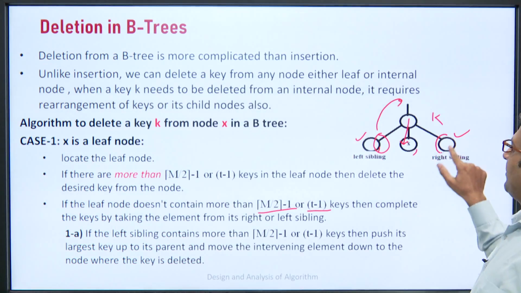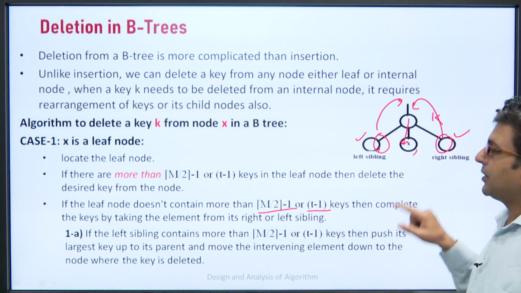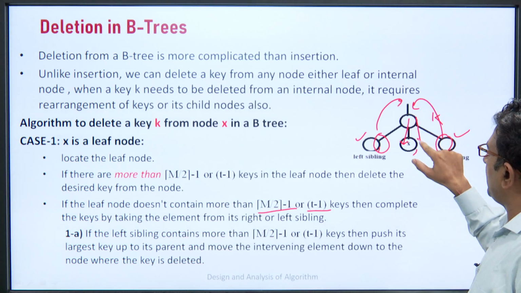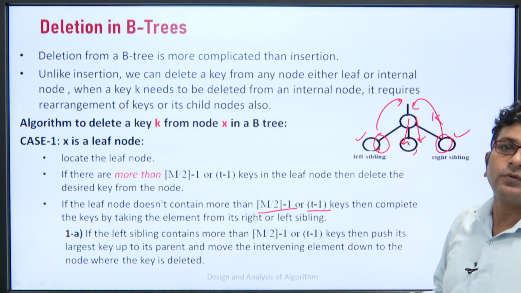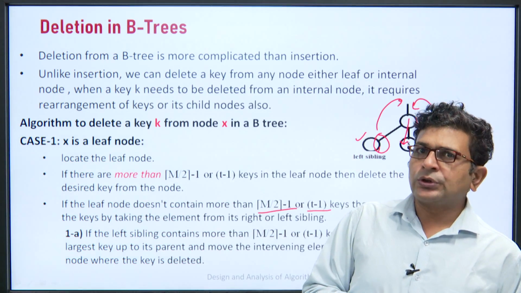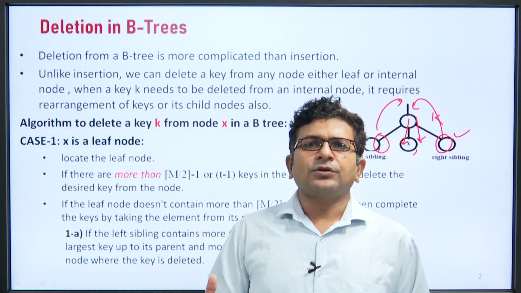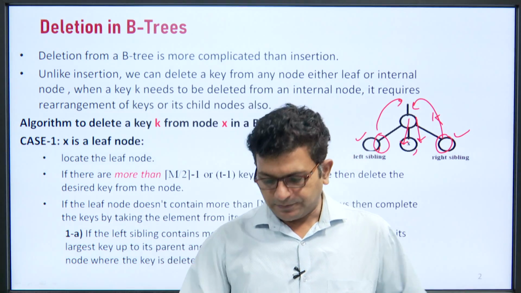The smallest element of this right sibling would be pushed towards the parent, and the intervening key would be moved down towards the node where we have deleted a key k, that is the x node. So, all the properties of the B tree would be maintained, and we will stop here.